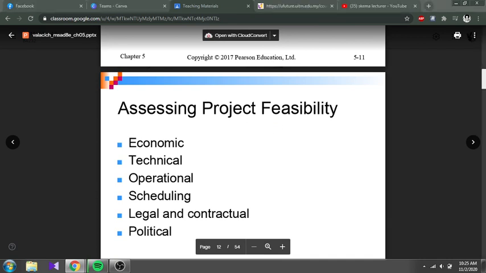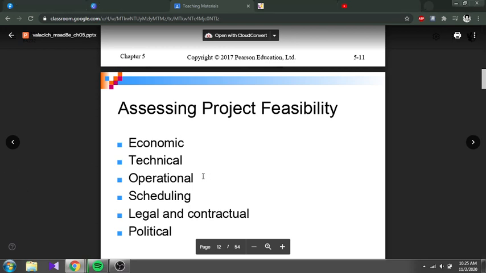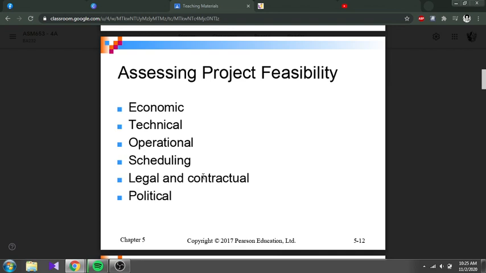Okay, assessing project feasibility. All projects are feasible given unlimited resources and time. But unfortunately, most projects must be developed within a tight budget and time constraints, as you know. So this means that assessing project feasibility is a required activity for all information system projects, and it's a potentially large undertaking.